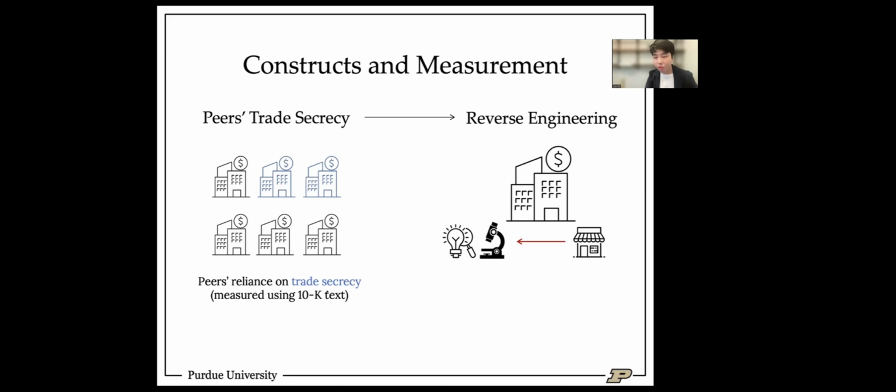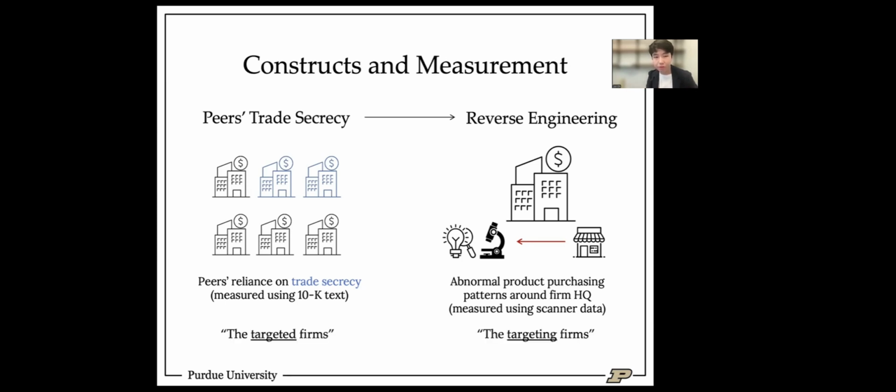Now, if we focus on the Y variable here, which is reverse engineering, this is where we innovate, in the sense that we're going to measure this reverse engineering activity by looking at abnormal product purchasing patterns around these company headquarters. And we're going to be using very granular Nielsen scanner data, which tracks these product purchases on a very wide scale.